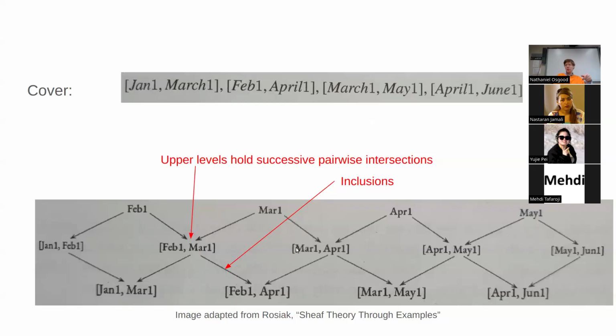We could formalize this with a categorical structure. The inclusions would be morphisms. We could compose morphisms. February 1st to February 1st is itself an inclusion into this one, right? And similarly March 1st is an inclusion in this one. Moreover, you might start to think about commuting properties.